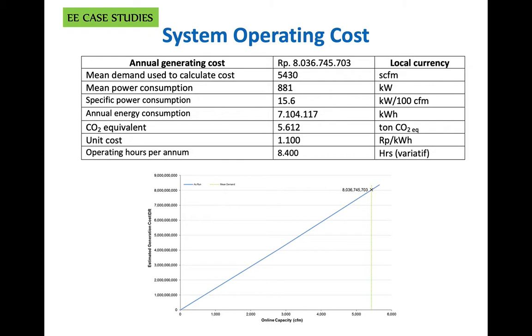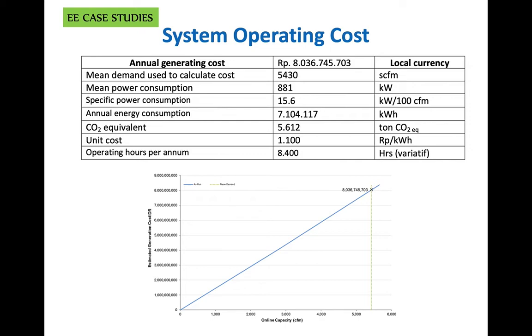From the data that we collected, we have calculated the system operating cost. As you can see in this table, there are 3 columns. The first column is the parameters that we calculate, i.e. mean demand used to calculate cost.